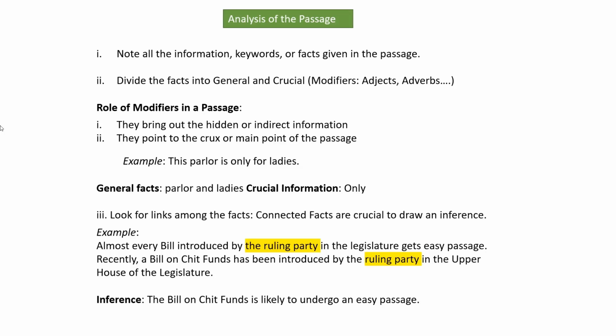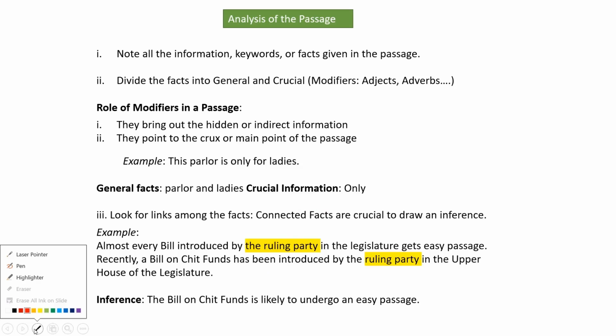So while analyzing the passage, you note all the information or keywords given in the passage. Second, you divide the facts or the keywords into general keywords or general information and crucial information. Third, you should look for links.